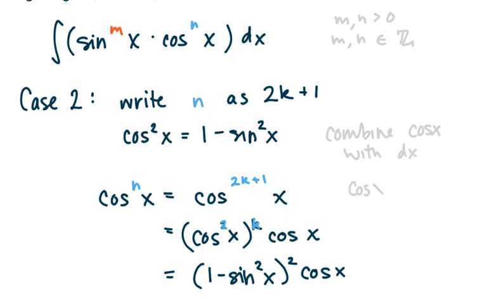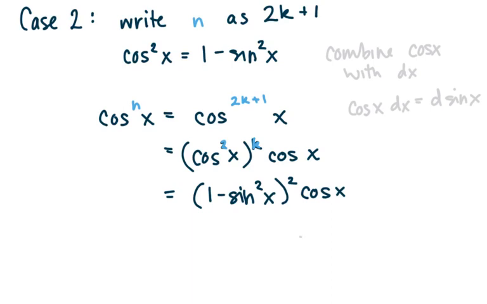And so we can say that cosine x dx is going to equal the derivative of sine. I didn't explain this in the first video, but if you think about d dx of sine x, well, d dx of sine x is cosine x. And treating this as a differential, I can leave the d and multiply the dx up here. Okay, so cosine dx is d sine. That is why it's equal.